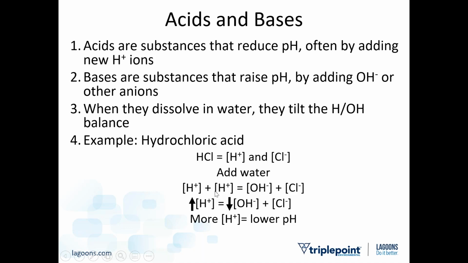It's having a direct effect on the concentration of H+. So now that we've added H+ from the HCl, that means OH- has to go down to compensate. And that works out nicely because now it's got Cl- on this side of the table with it. So now that we've added this HCl compound into the water, we have more H+, which means we have a lower pH. The water has gotten more acidic.